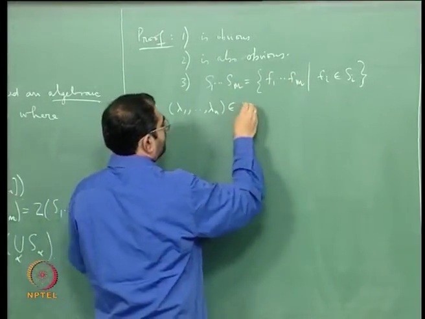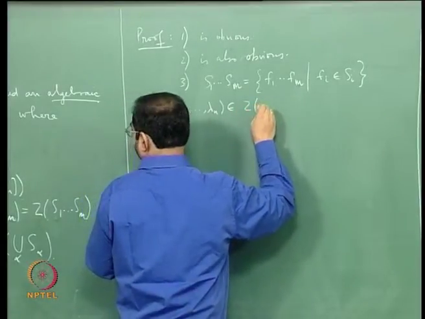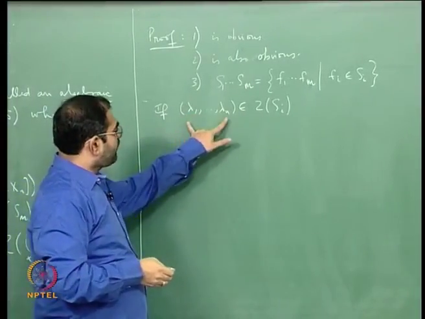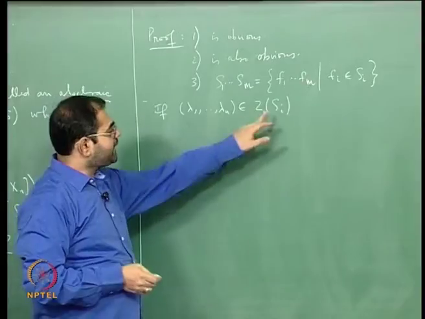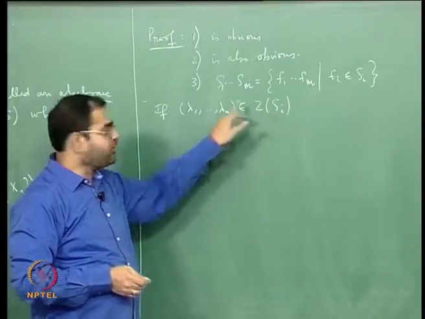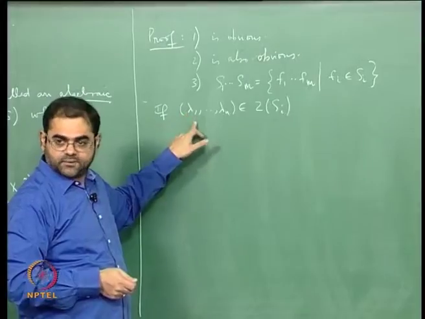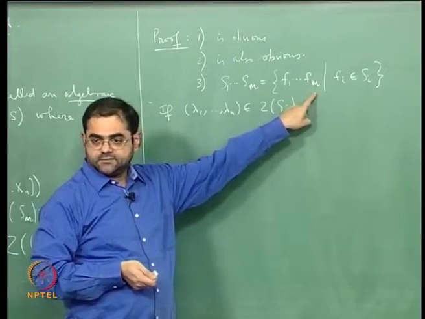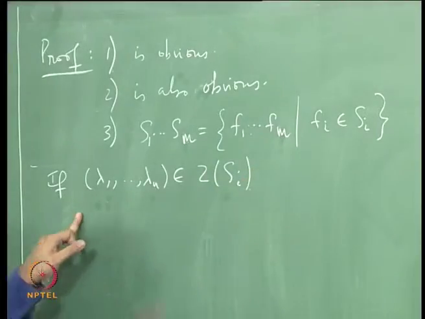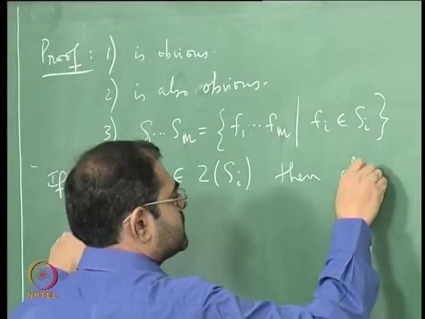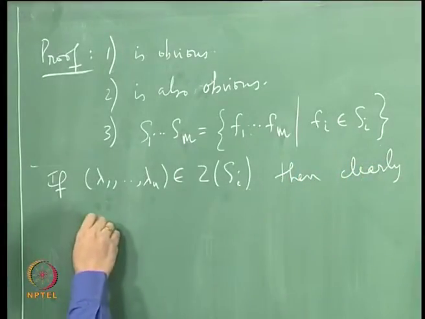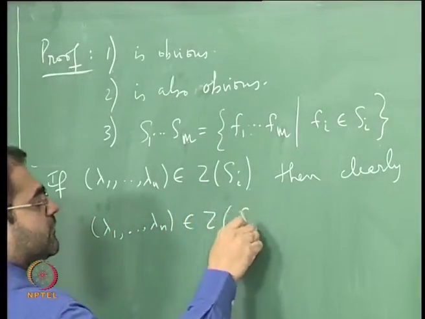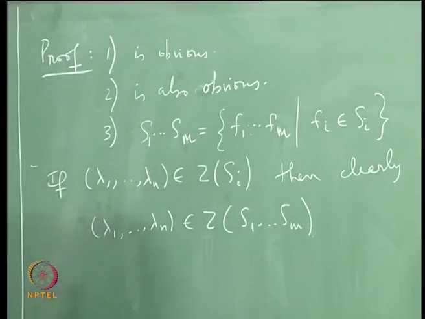If you take an n-tuple which is in Z of Si, what that means is that you take any polynomial in Si and you plug in this n-tuple for the variables, and then you get 0, and therefore any such product will also vanish. So clearly this point is in Z of S1 through Sm.